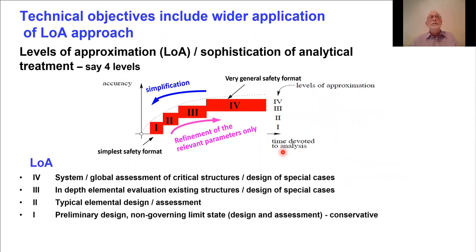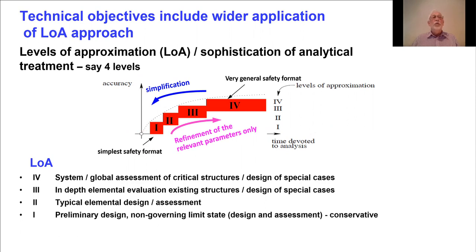In terms of technical objectives of model code, there is a desire to facilitate the wider use of levels of approximation approach, or levels of refinement, as it's sometimes referred to. So what this is in simple terms is shown on this graphic here. On the horizontal axis, we've got the effort involved in analysis, and here the accuracy.